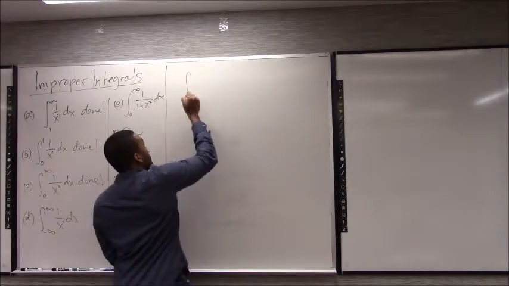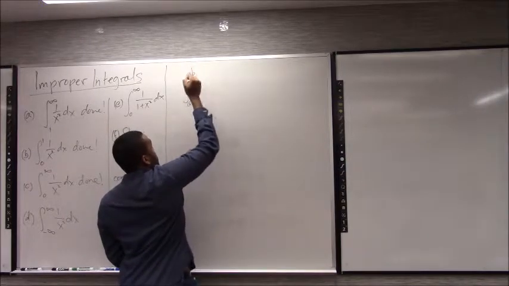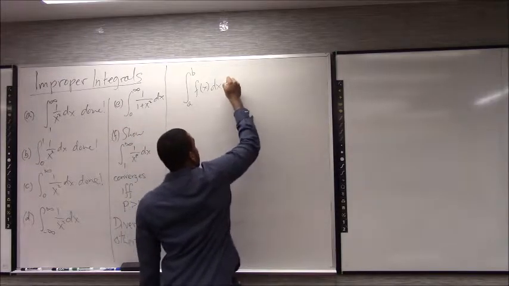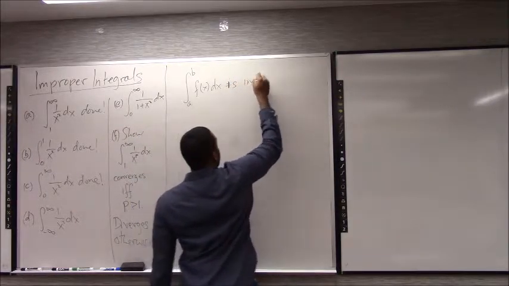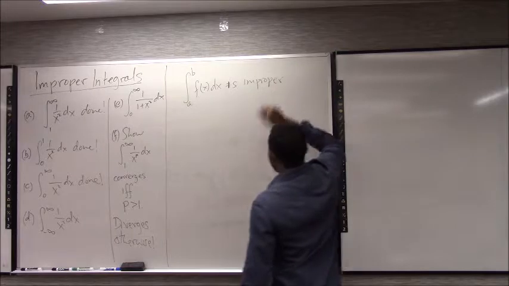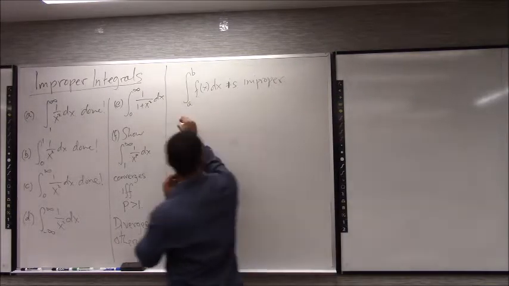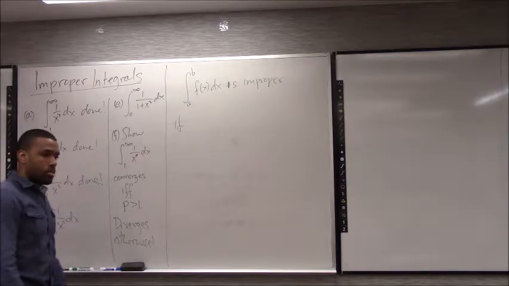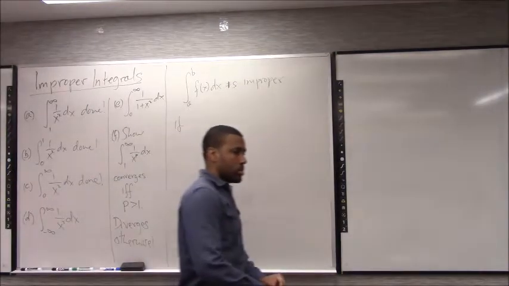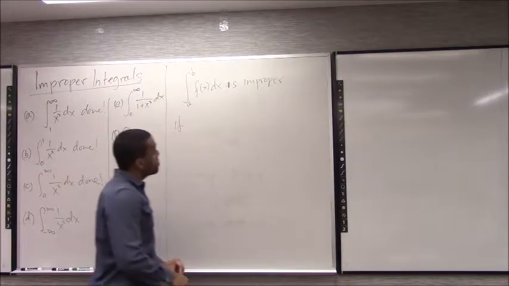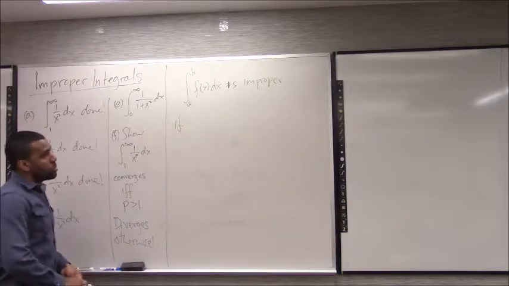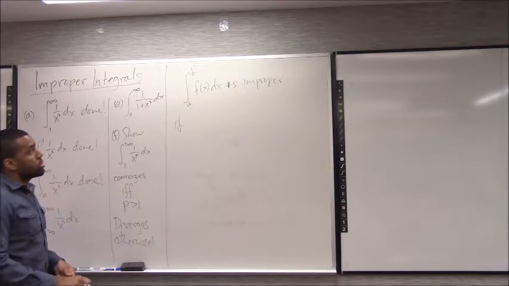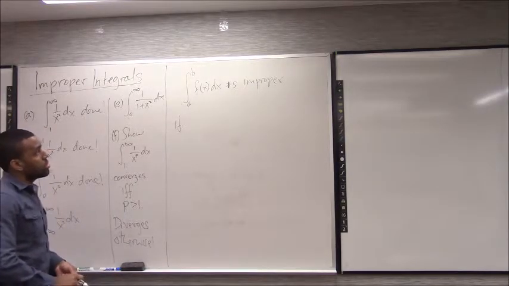Remember we said, I know it's been a while, so let's just remind ourselves of what this means. What does it mean for a definite integral to be improper? What's the basic gist of it? If A is equal to negative infinity or B is equal to positive infinity.